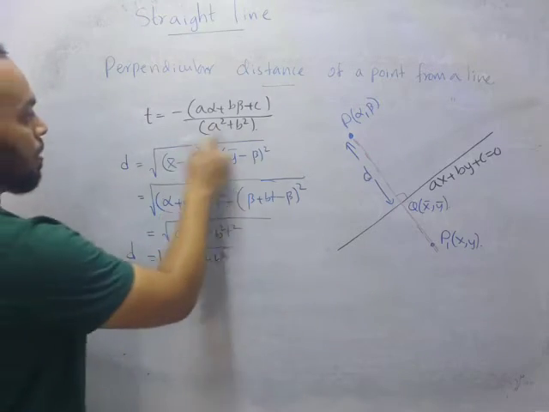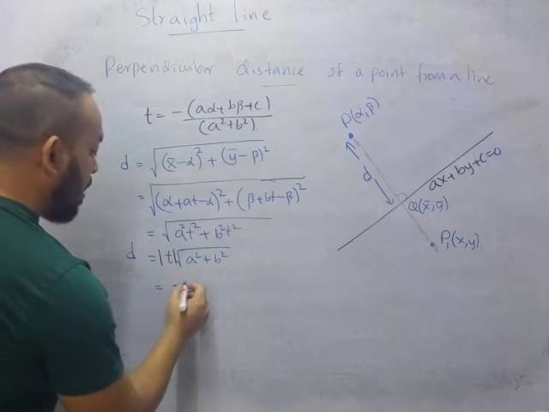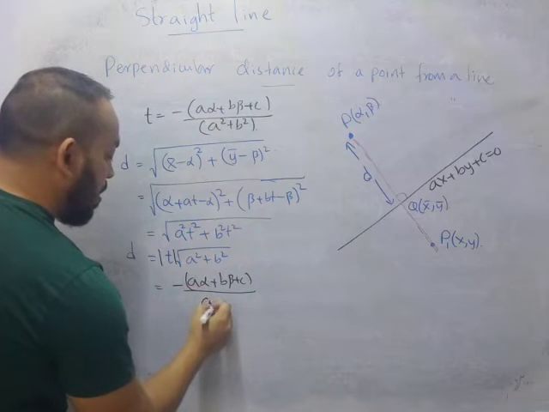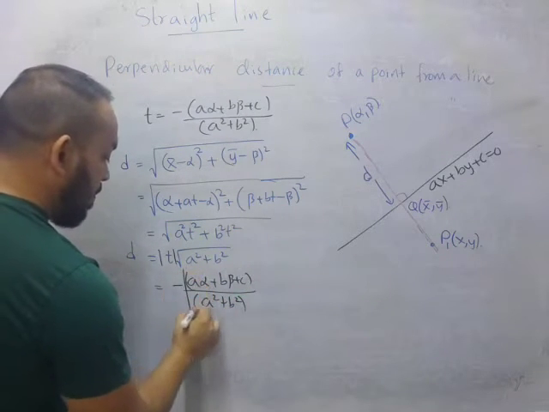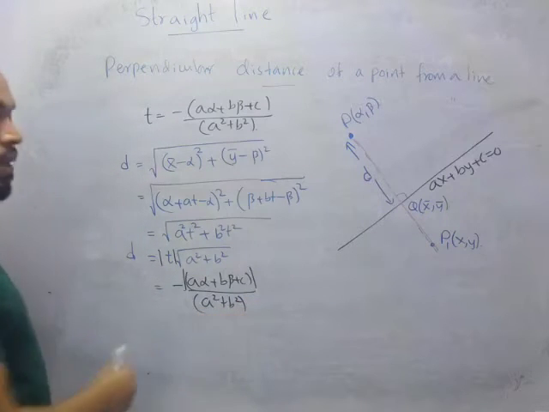So what was the value for t? Then if I substitute the value for t, I get minus a alpha plus b beta plus c divided by a square plus b square, and you have to multiply this by the square root of a square plus b square, as we have this modulus sign. We don't really have to put the modulus sign for this one because this is always positive.